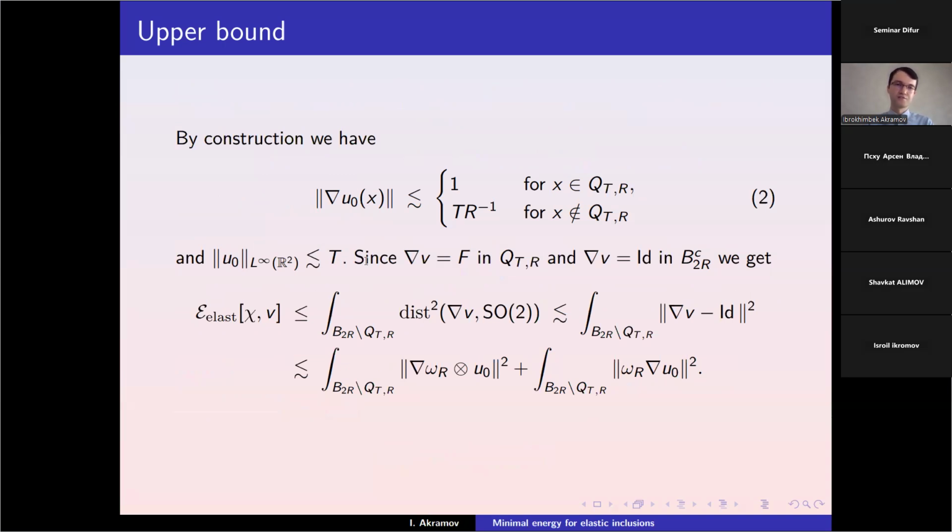And further, we have that u0 is bounded by t, and since nabla v equals F in Q_t^r, and nabla v equals identity outside of the ball, we get that our elastic energy, which is the integral over B_2r minus Q_t^r of distance squared of nabla v from SO2, is smaller than, up to a constant, the integral over B_2r minus Q_t^r of nabla v minus identity squared.